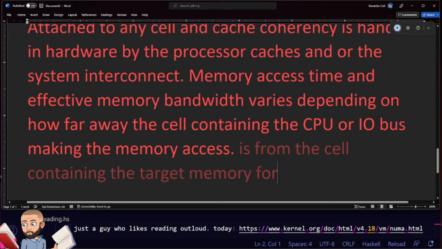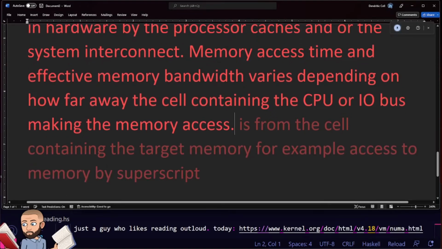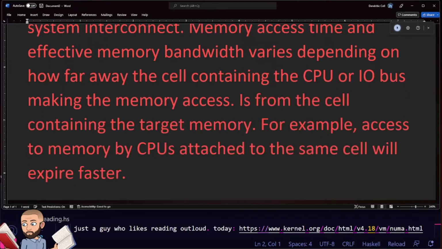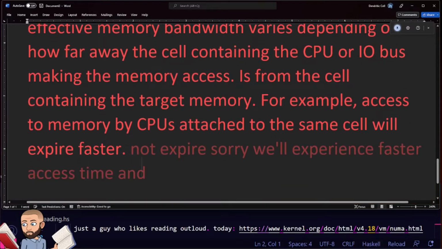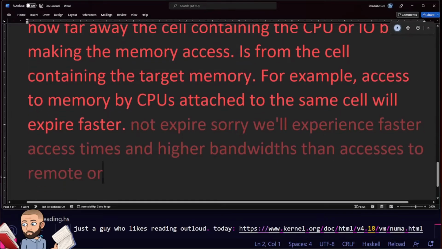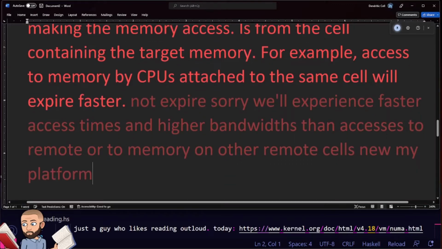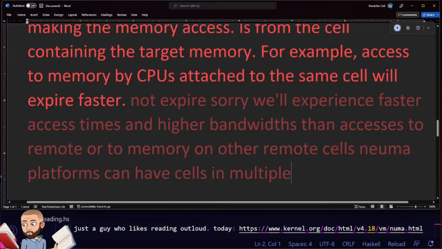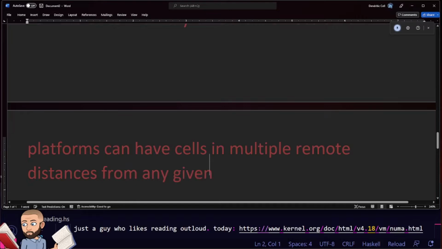For example, access to memory by CPUs attached to the same cell will experience faster access times and higher bandwidths than accesses to memory on other remote cells. NUMA platforms can have cells at multiple remote distances from any given cell.